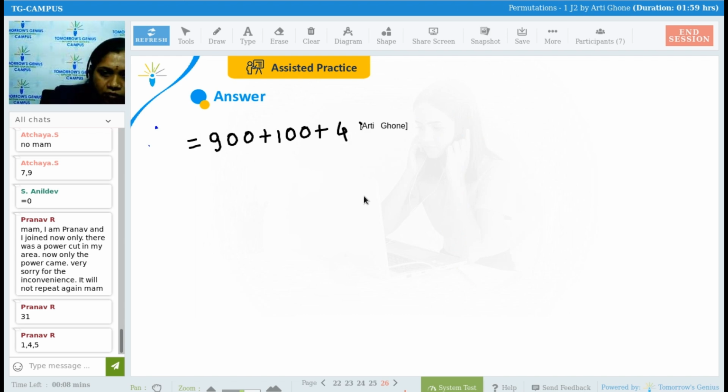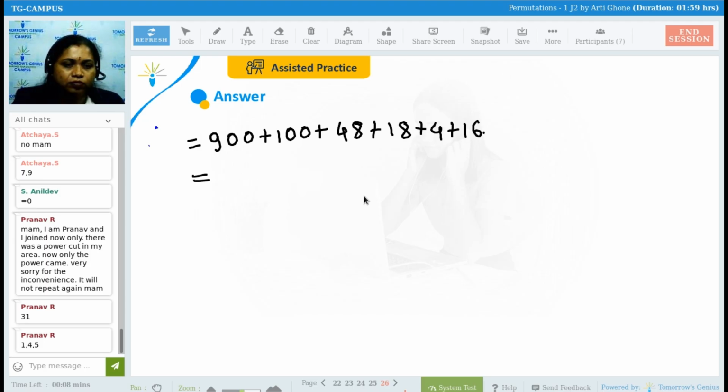48, 18, 416. What is the final value? 1086, right?